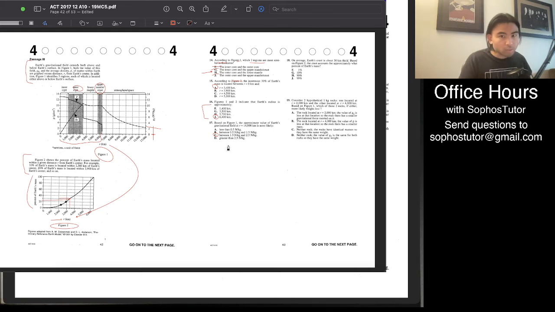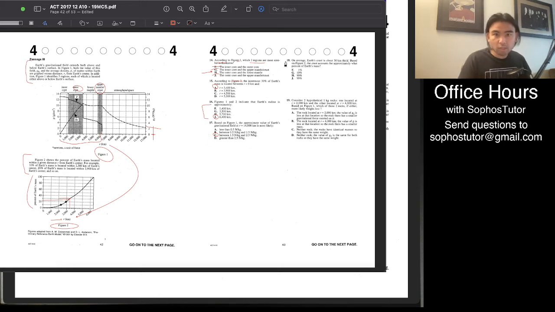And we definitely wouldn't expect below 1.5 because we are decreasing at a lower rate. We expected this line to level off. Okay, so the answer here is 17C.